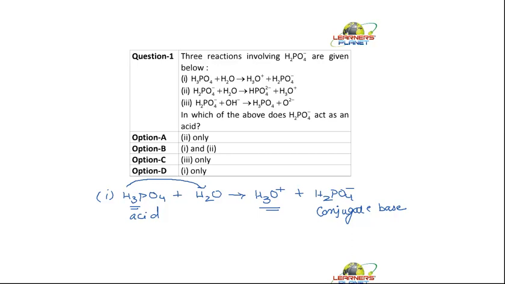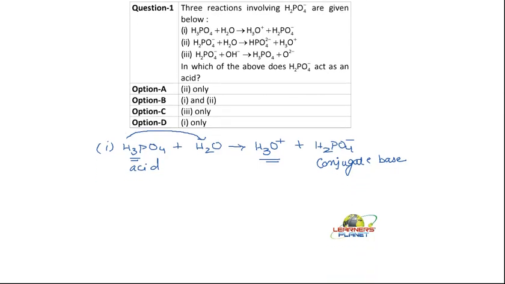Now let's take up the second option. H2PO4 minus plus H2O is giving HPO4 2 minus plus H3O plus. Now here, this is a formation of H3O plus.